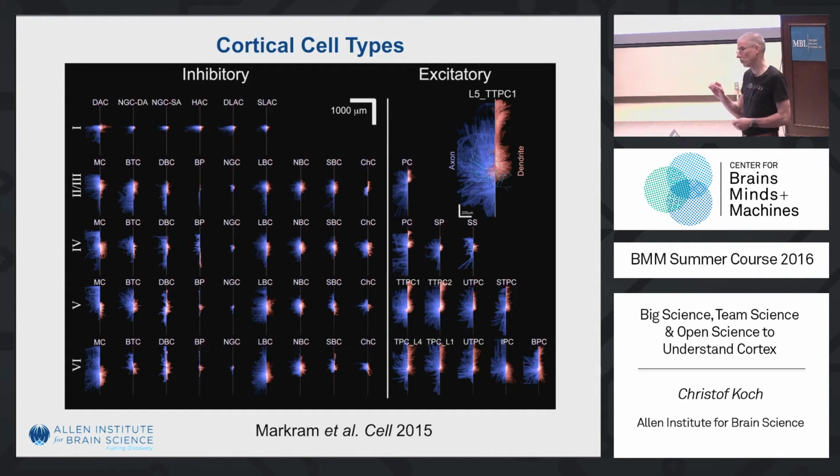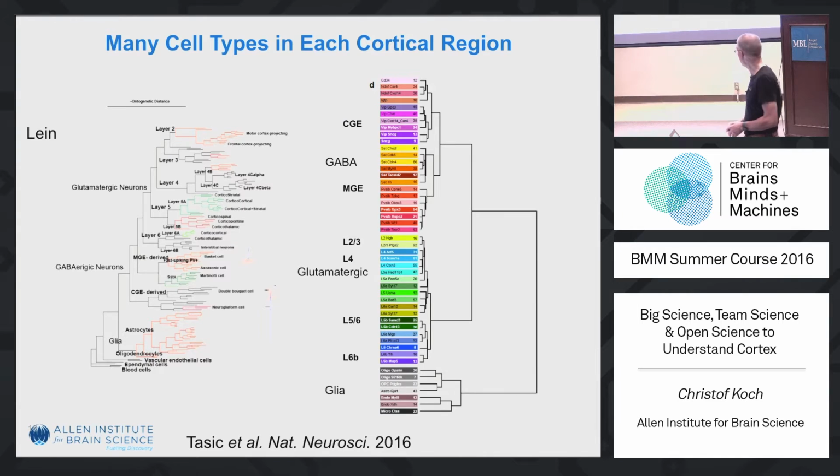It would be cool if for every cell type you had a specific transgenic animal that you could target, you could turn that neuron on, turn it off with halorhodopsin and channelrhodopsin, and image it using calcium imaging. Then we could maybe better understand why we have these different cell types. So this is from our latest paper.